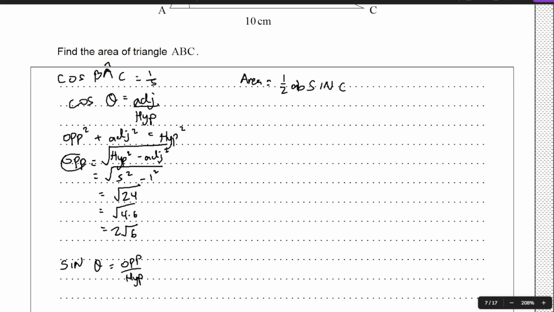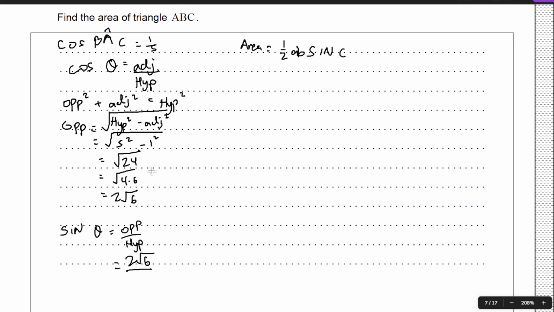So we already have our opposite right here, which is 2 root of 6, and our hypotenuse is this, which is 5.